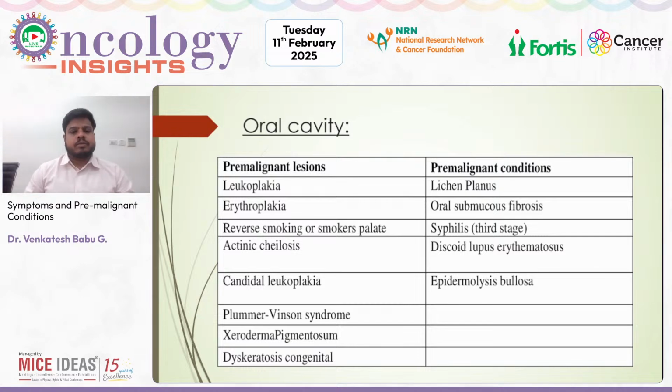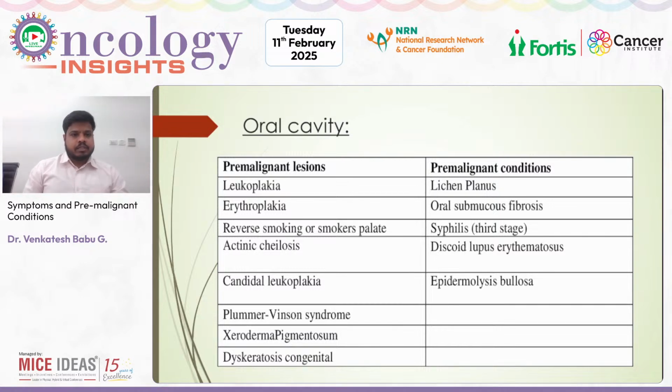And the other important things include oral submucosal fibrosis, which is also associated with tobacco. And oral submucosal fibrosis ranges from irritation when consuming spicy food, to velvety patches, and to fibrous bands which cause a restriction in opening of the mouth.